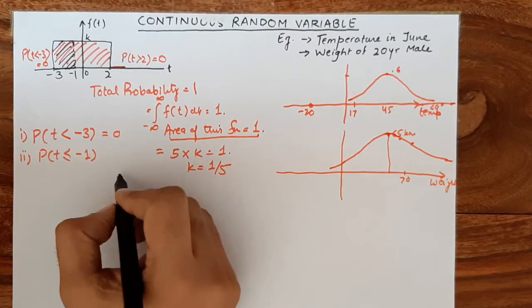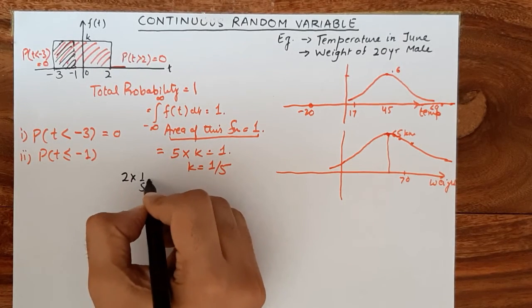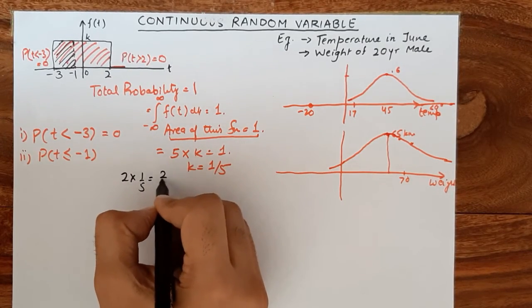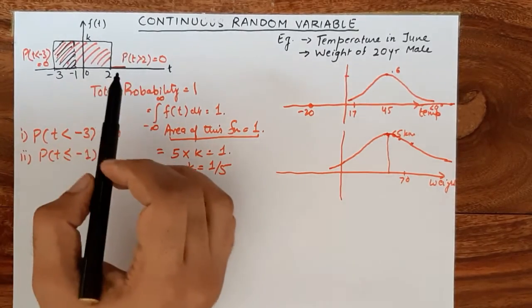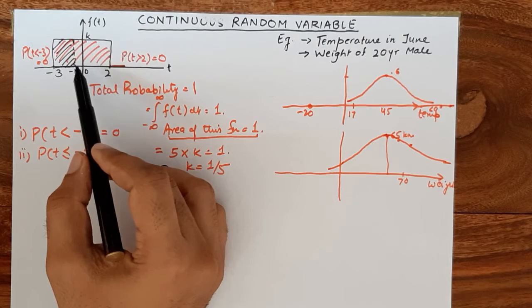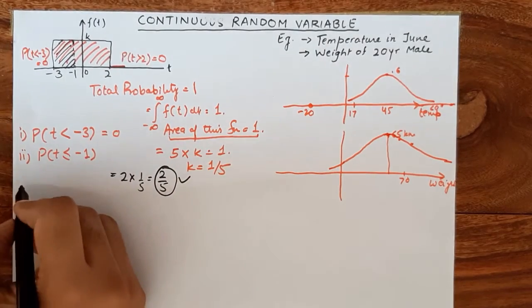This will be 2 into k, which is 1 by 5, so this will be 2 by 5. So the probability of the random variable where t is less than -1 is 2 by 5.